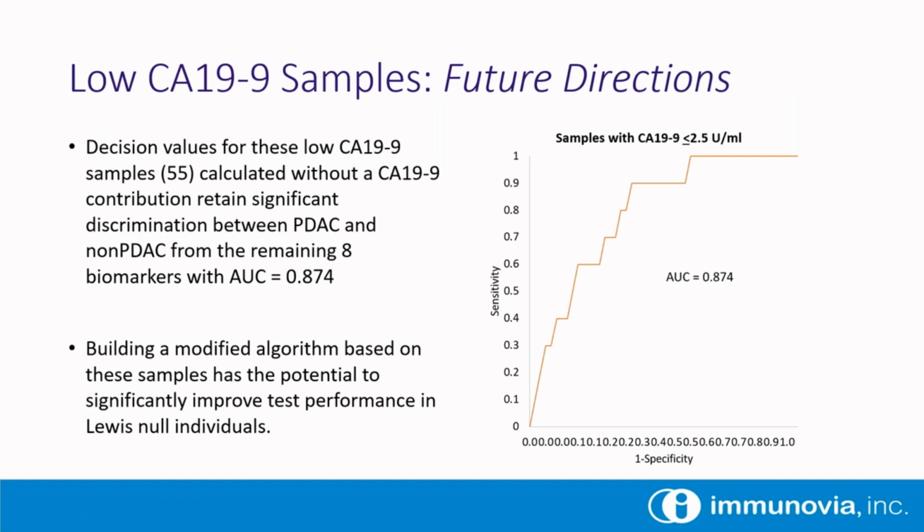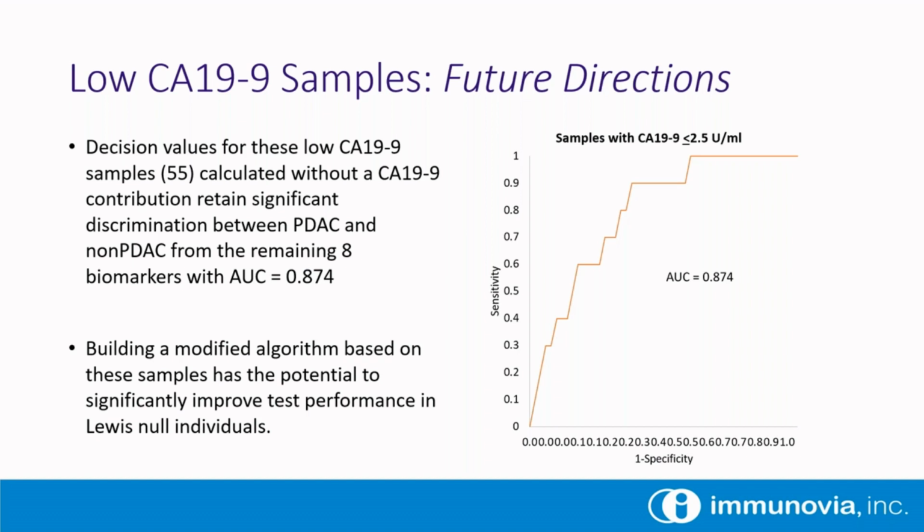I also thought it was important to look at the individuals who had very low levels of CA19-9 and determine whether or not the IMRAY portion of the assay, that is the other 8 serum protein biomarkers, were capable of distinguishing those with cancer from those without. And that shows the results of this analysis.